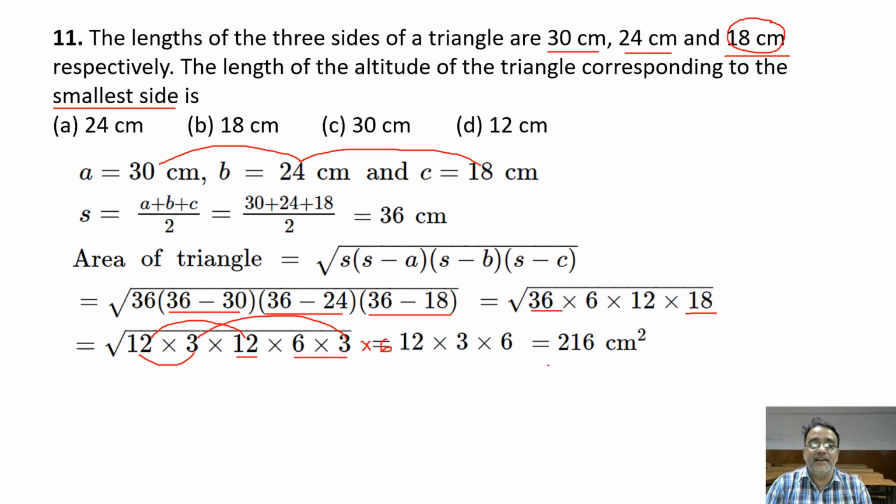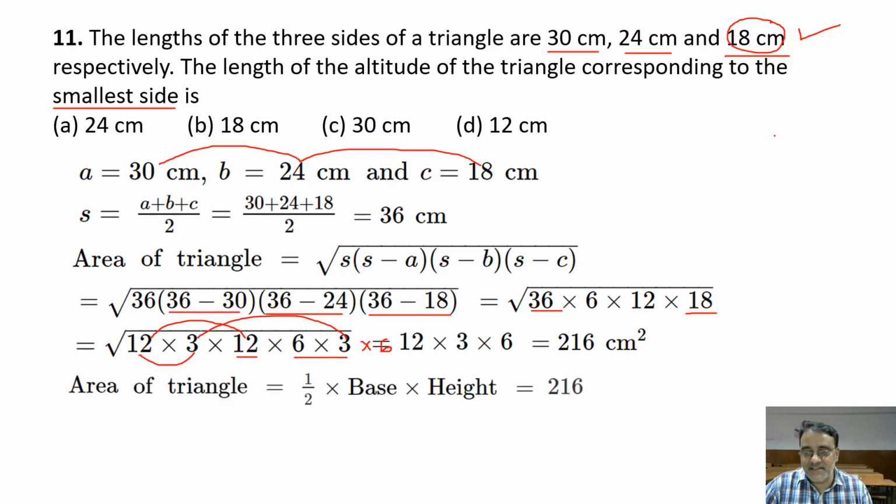Now this is the area of triangle and now we have to take the base 18 centimeter because with respect to 18 we have to find the altitude. So we are going to use the formula half into base into height and that is equals to 216. Now base is 18, so we'll substitute 18 in place of base.